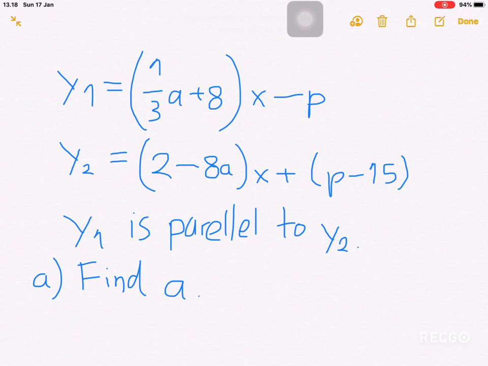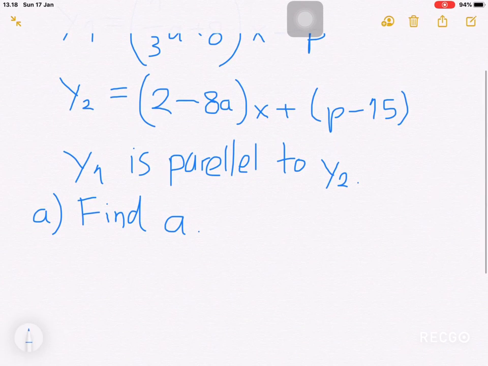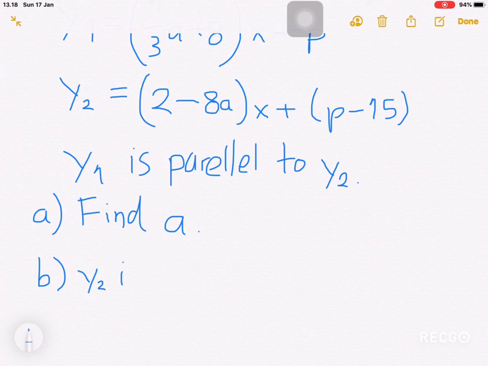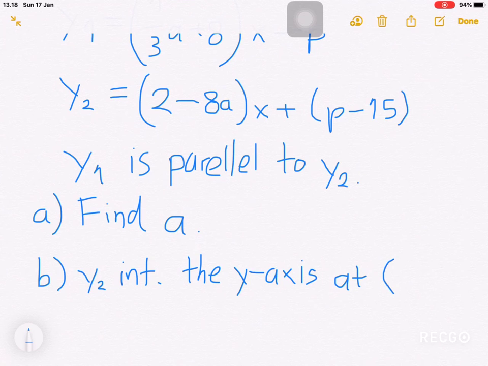And for the next part, we're given that y2 intersects the y-axis at 0, let's see, 19. So given this clue, we need to find p.